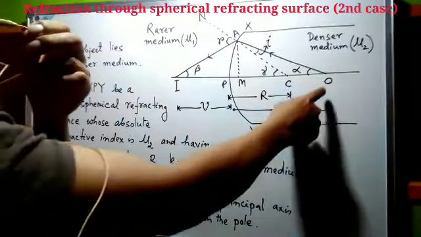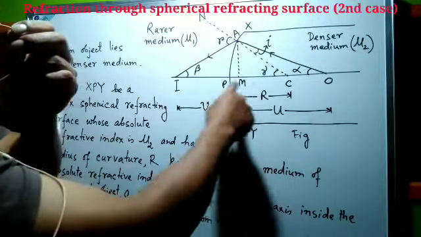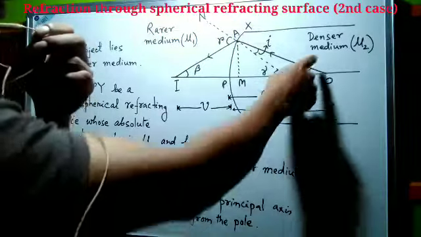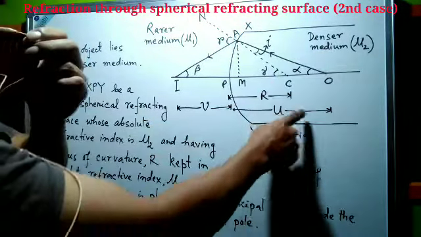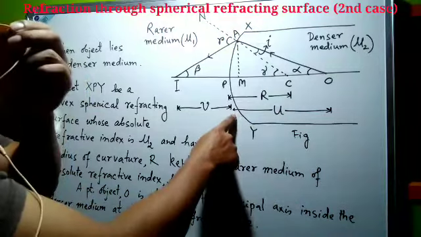So let a point object O is placed on the principal axis inside the denser medium at a distance u from the pole.